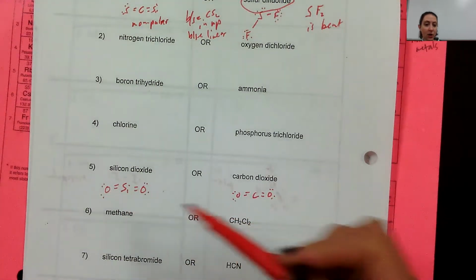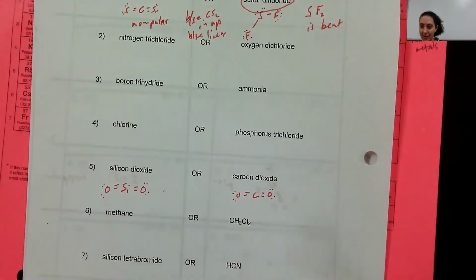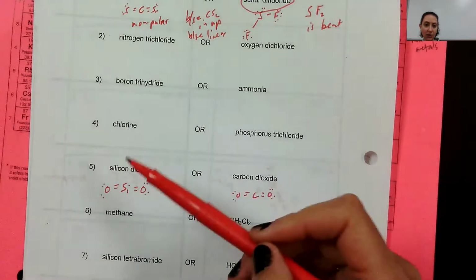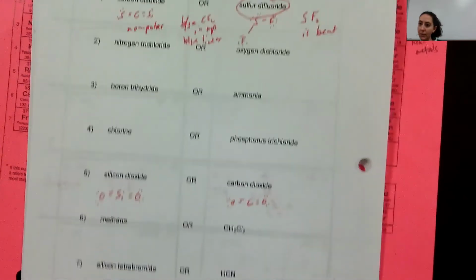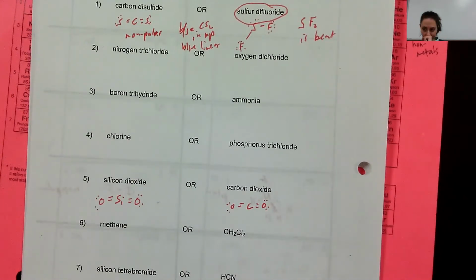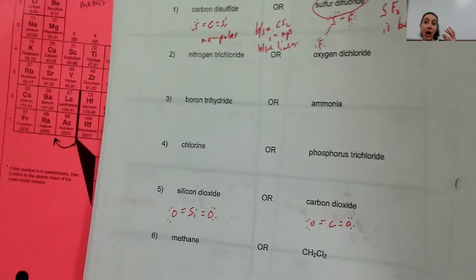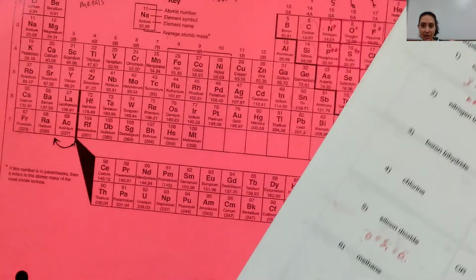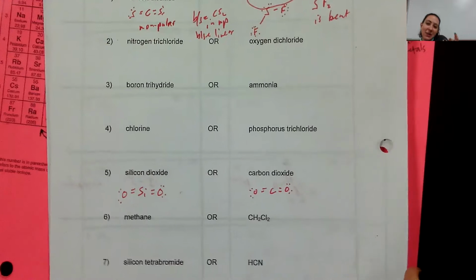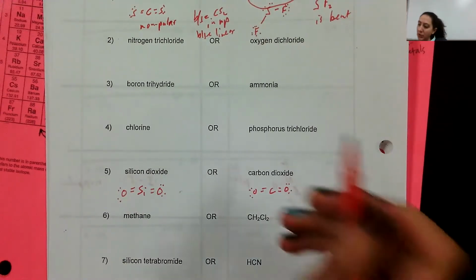So silicon dioxide or carbon dioxide. Well, these ones are both linear, so the shape is the same. They both have oxygens. The only difference is the silicon or the carbon. So in this case, whichever one is going to have the higher electron affinity between carbon and silicon is at least going to make the possibility of it being slightly more polar possible.